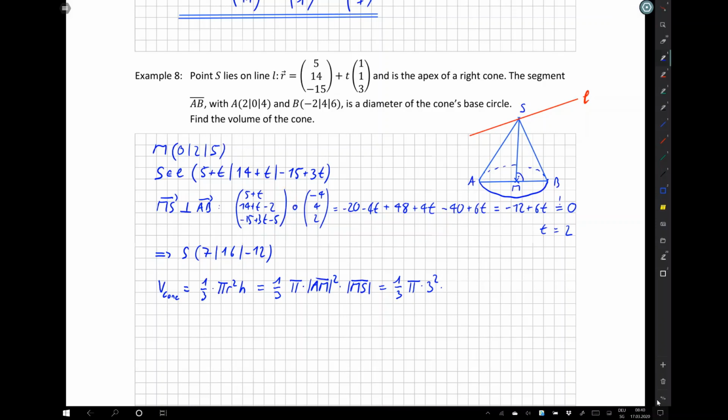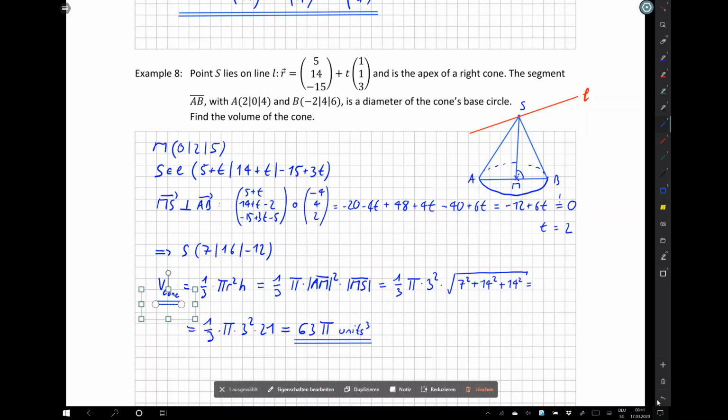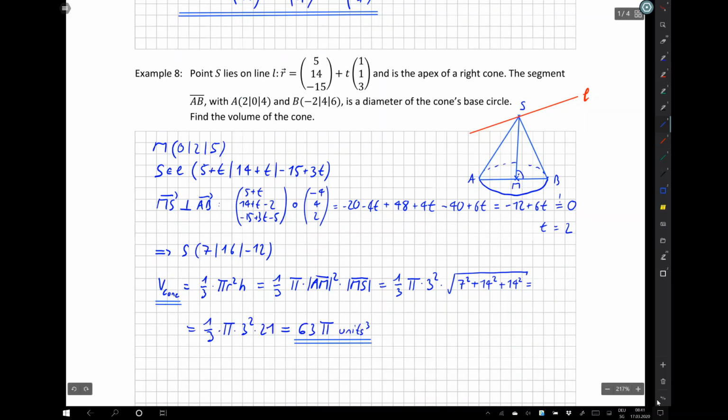So we get the square root of 7 squared plus 14 squared plus 14 squared, which is just 21. And we get that the volume is 63 pi units to the power of 3.